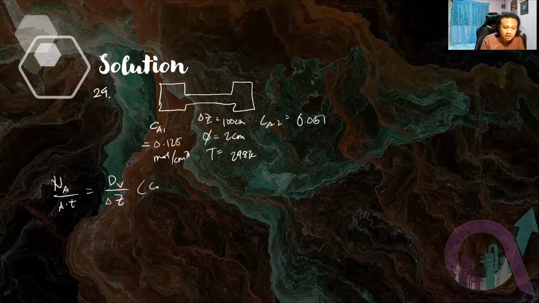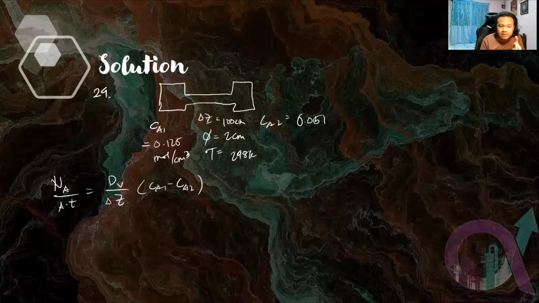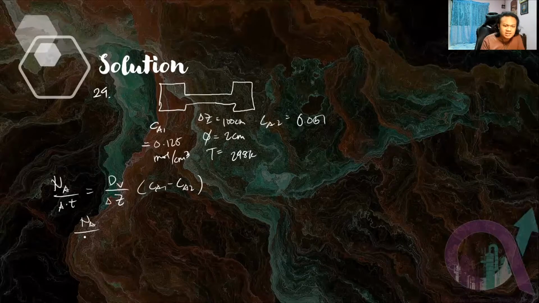So you have CA1 minus CA2, the area, because we have the diameter of the tube, and then we have the Z. So you can really solve this problem. We have 2 cm for the diameter. Let's just use CGS units here.